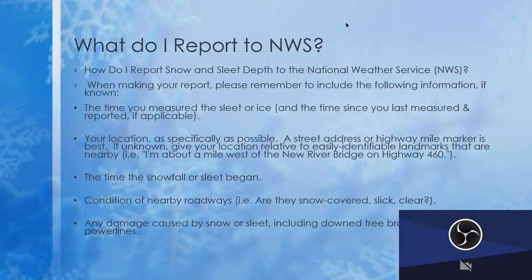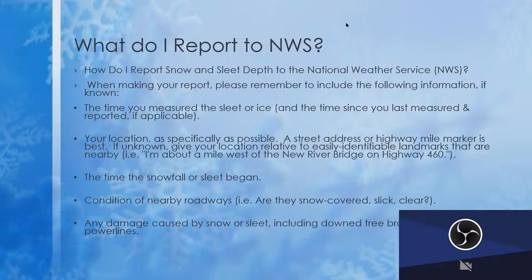When making your report, include the following information if known: the time you measured, and this can be sleet or ice or snow. And sleet and snow, by the way, are measured the same way. Your location as specifically as possible with a street address or highway mile marker.